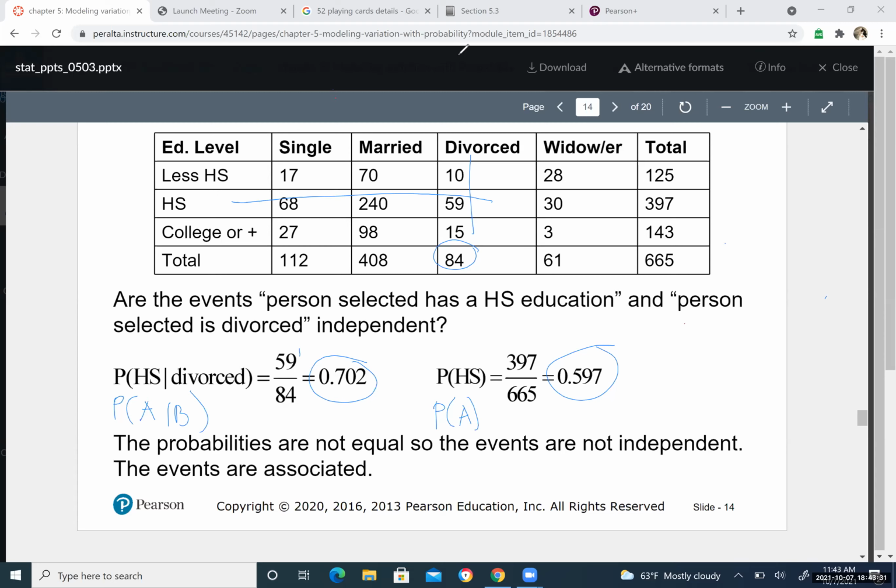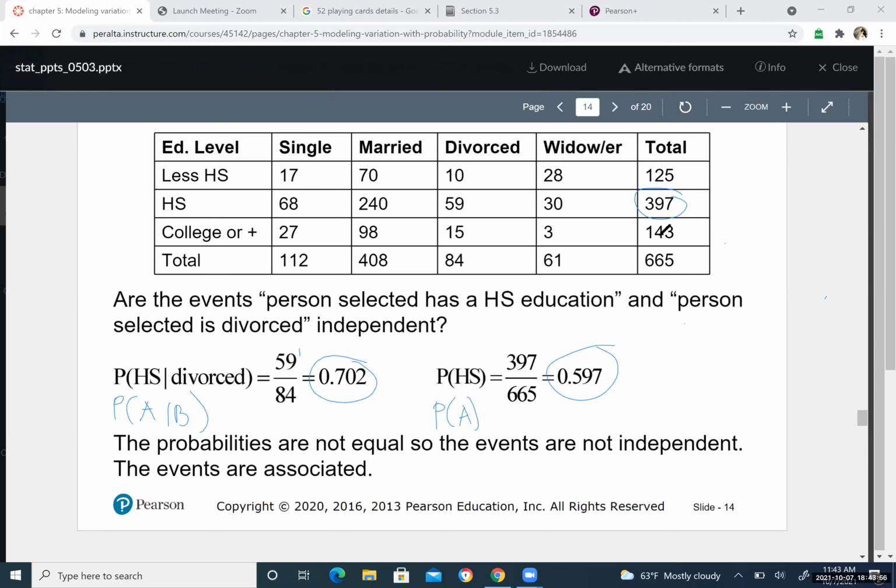Okay, that's how you find that probability. Now the probability of high school: the total is 397, because it focuses on just high school students out of the total students, which is 665.